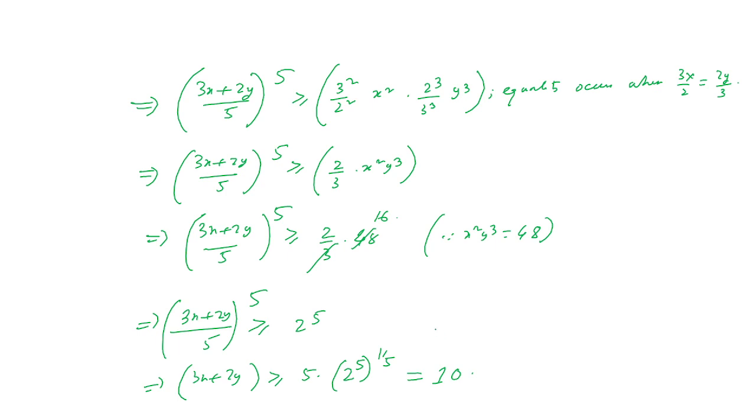Okay. So therefore the minimum value of 3x plus 2y is 10.